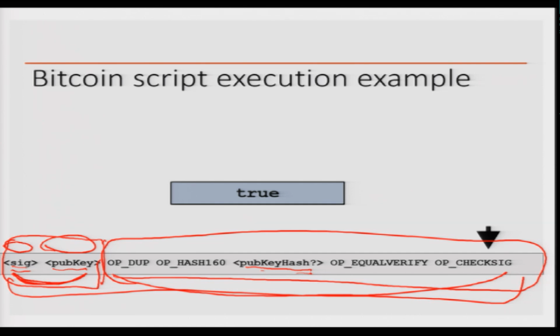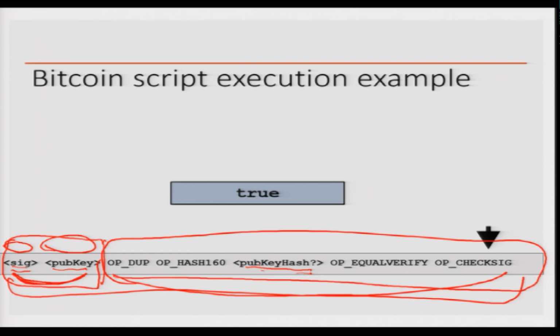What it does is that I am going to check whether this public key hash matches with the public key of the recipient. For this, I am going to duplicate the public key, and then I will make a hash and compare it, checking the equality, and if they match, then we know that this is the correct hash.